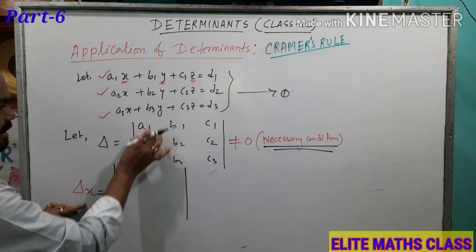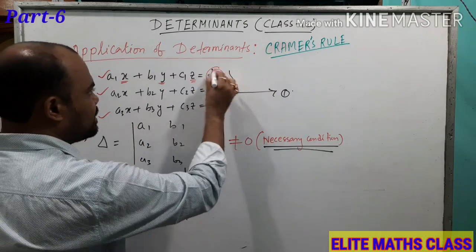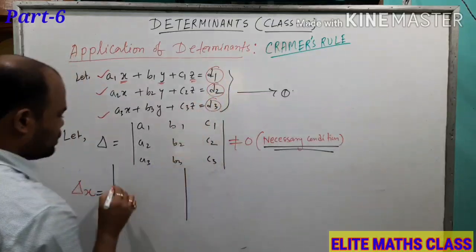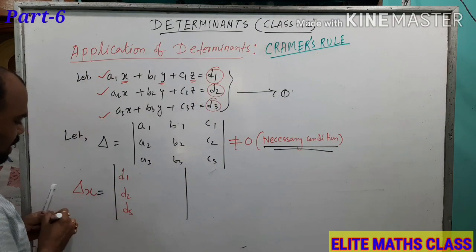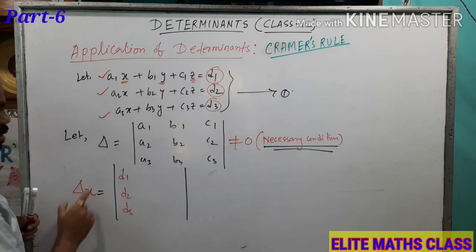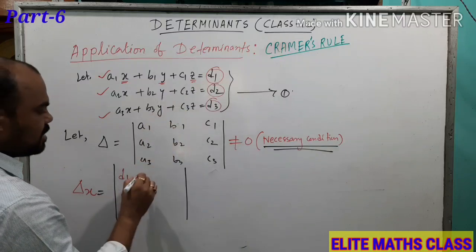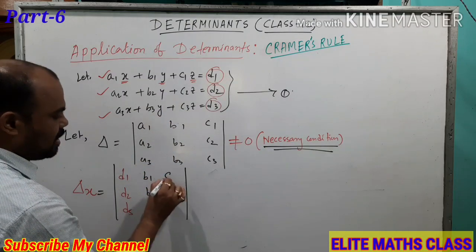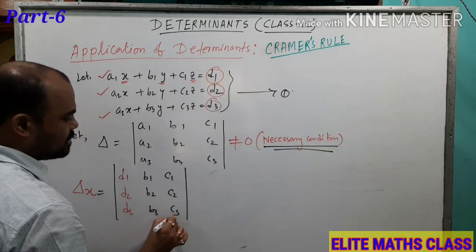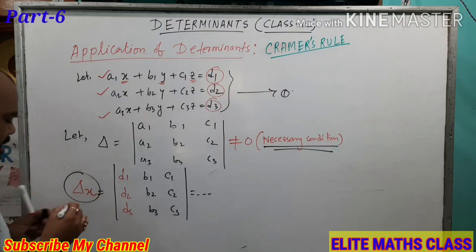In place of this column, we have to replace the constants on the right hand side, d1, d2, d3. So the first column will be d1, d2, d3. Whenever you are writing del x, the coefficient of x will be replaced by the constant terms of the given equation, the second column will be unchanged, the third column will be unchanged, then expand it whatever the value is. So del x is clear.